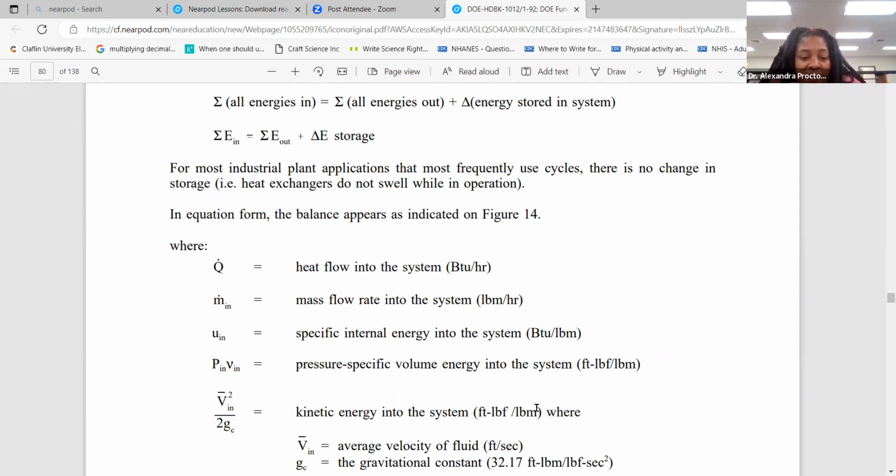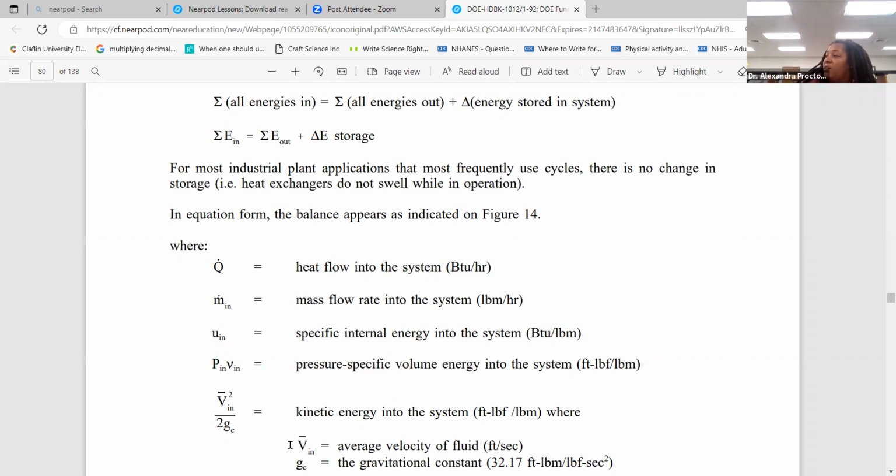And then the V squared, so this is a different V, V_in squared divided by 2gc is the kinetic energy into the system, and that's in foot pound force per pound mass, where V with this line over it, this line usually means that we're talking about an average.